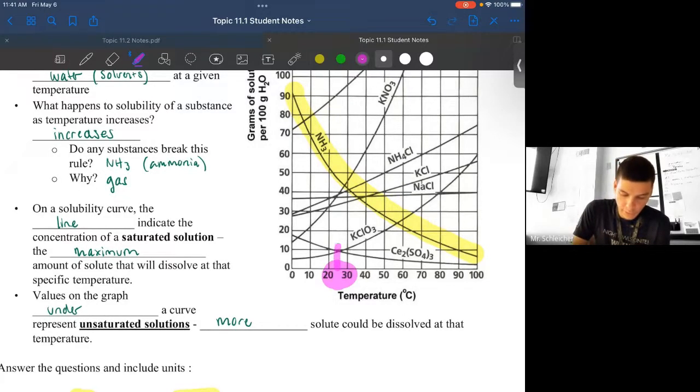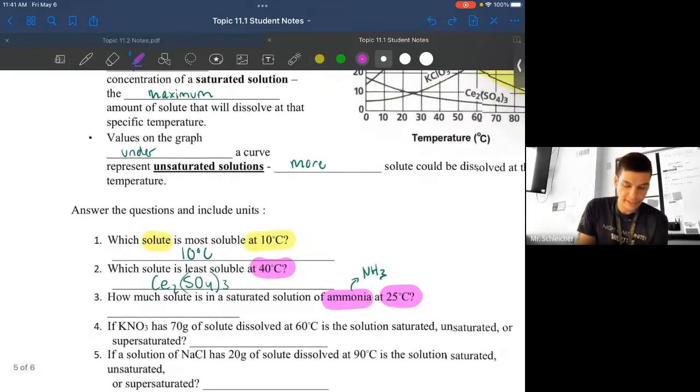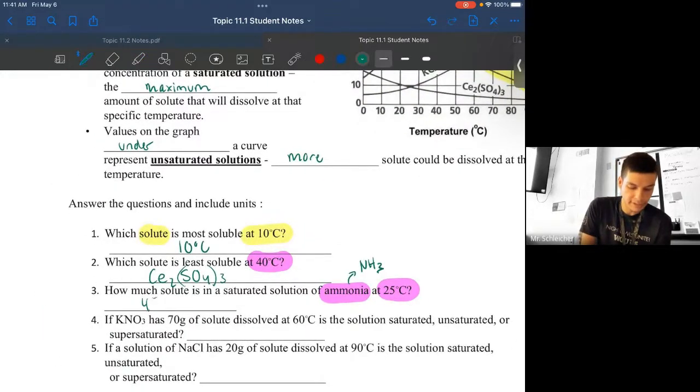Then if we go all the way up to ammonia, NH3, right here, we can go left and see how many grams of ammonia can fit into that solvent at 25 degrees Celsius. It looks like it's about 45 there, around 45, 46. So let's write that down: 45 degrees, it's not 45 degrees, 45 grams is what we're looking at here.